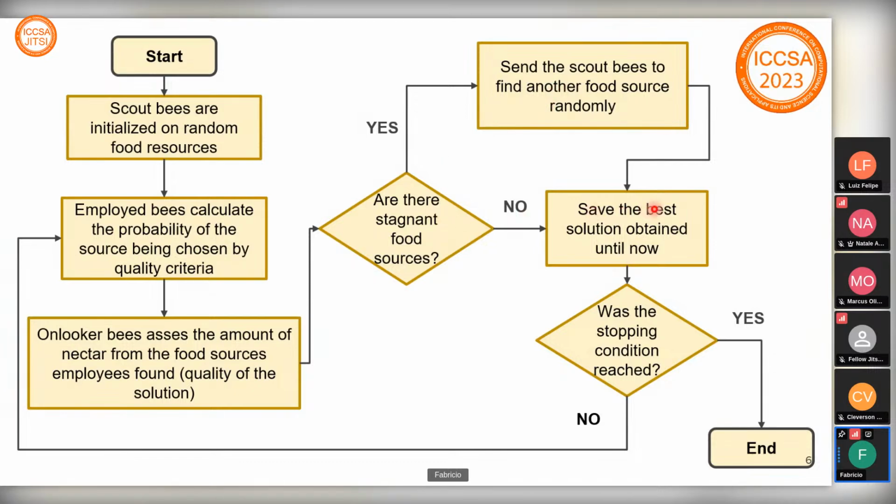If not, they save the best solution obtained until that point. If the stop criterion is not reached, they go back to the step where employed bees calculate the probability of the source again. When they reach the stop condition, it ends.